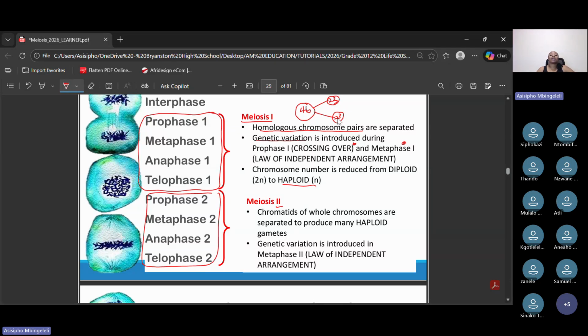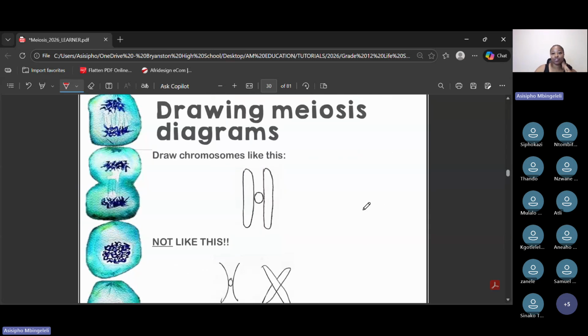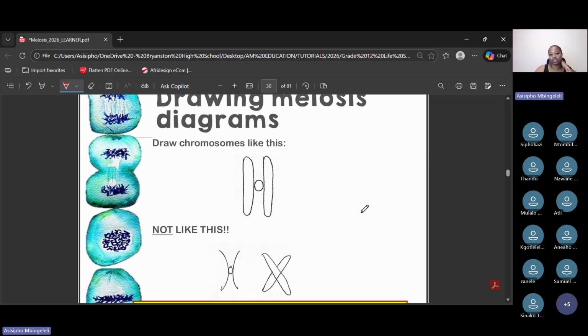So now we come in with a replicated chromosome, but at the end, they're actually going to be chromatids. Again, genetic variation is going to be introduced by metaphase 2, law of independent arrangement. Drawing of chromosomes, I've spoken about it.